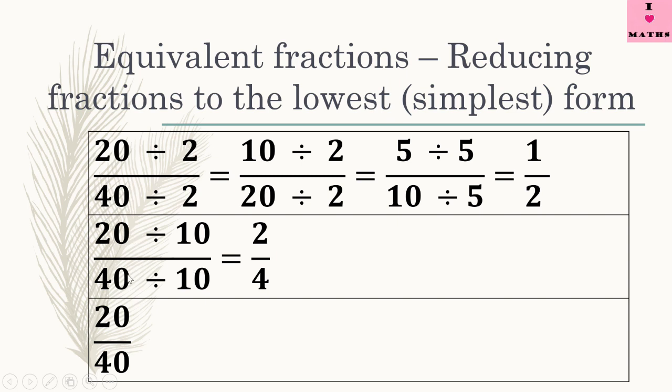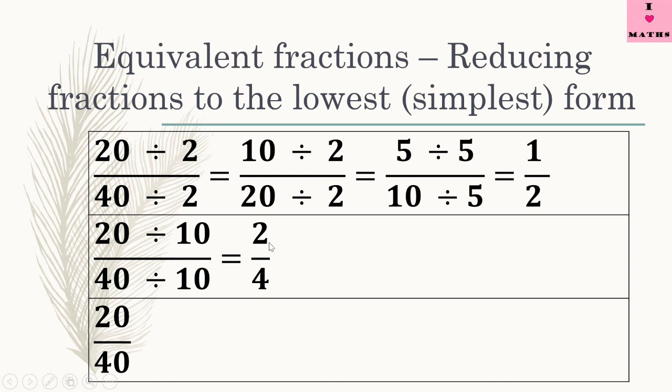See children, 20 upon 40 is equal to 2 upon 4. Why? Because we have divided both the numerator and denominator by 10. Now let us see whether this fraction 2 upon 4 is the simplest or not. For finding that, we have to see whether 2 and 4 come in any one table.